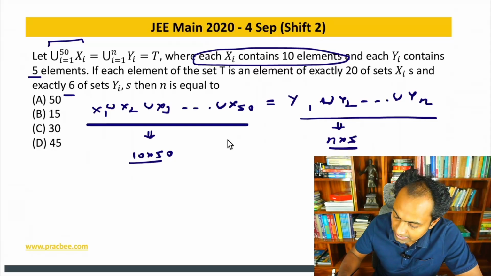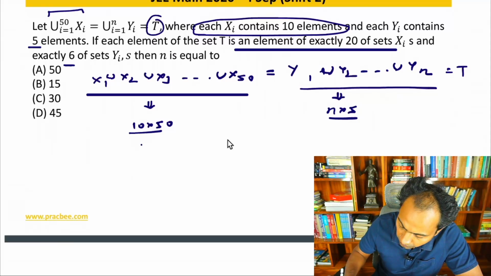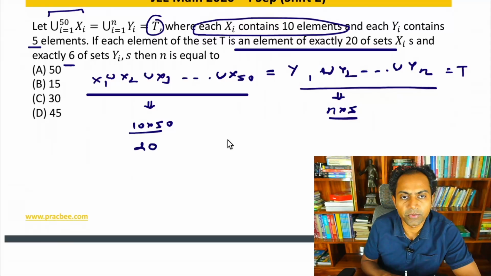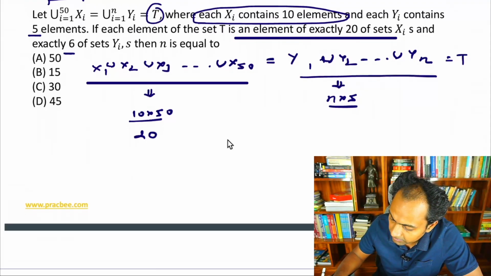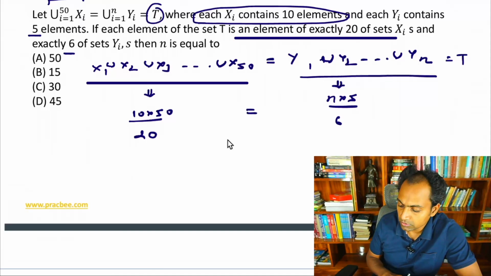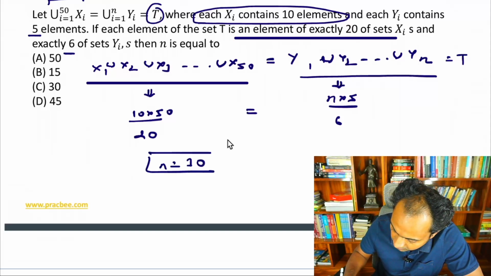Now the question says that in this set T, an element is repeated in exactly 20 sets. So you can see that if I want to find unique elements, I will have to divide by 20, because each element is in 20 sets. And similarly, this happens for the y's in the next part, and this will be equal to that. So if I equate them, the value of n that I can figure out is nothing but 30. That becomes nothing but option C.